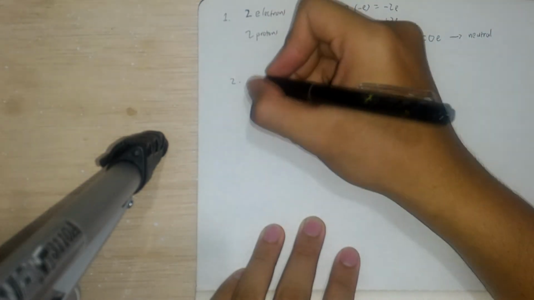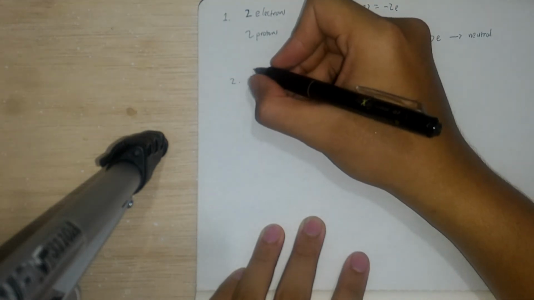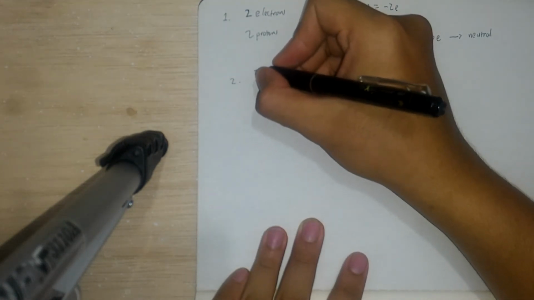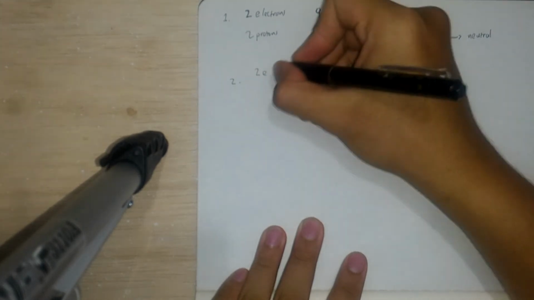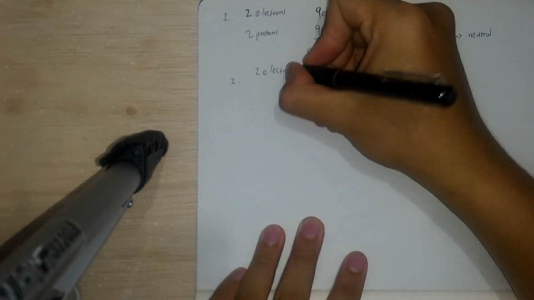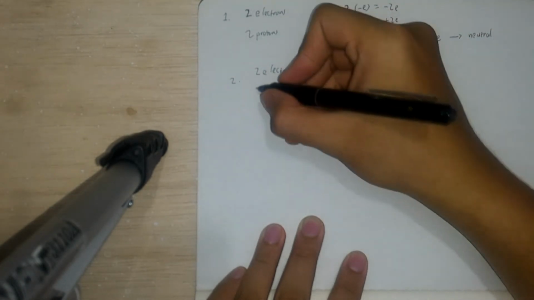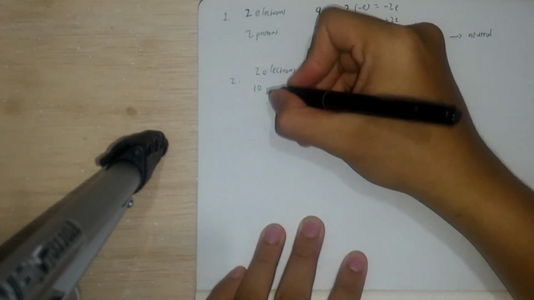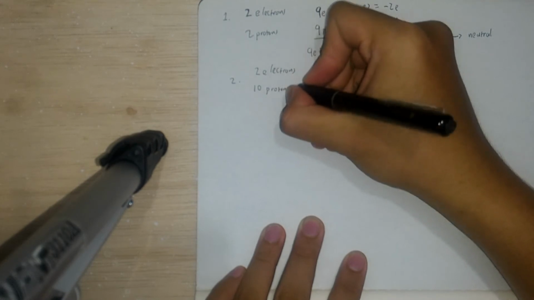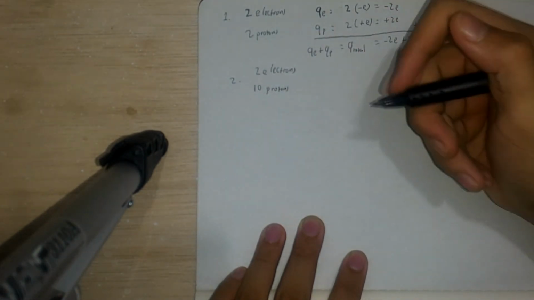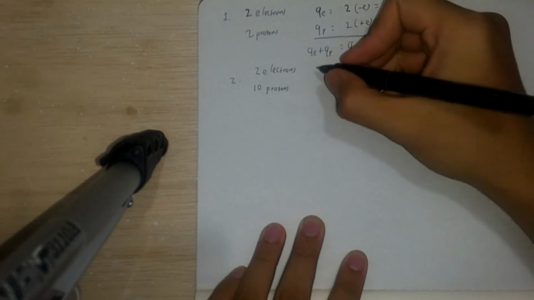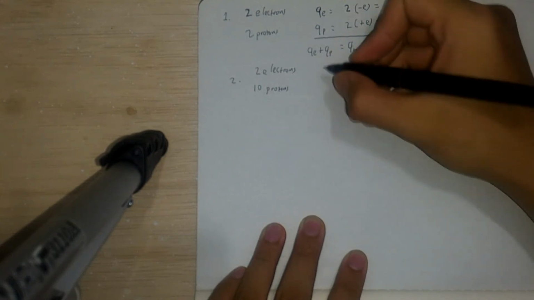Question number 2. Let's say that I have an object with 2 electrons, and now instead of just 2 protons, I have 10 protons. And let's see what the total charge is.